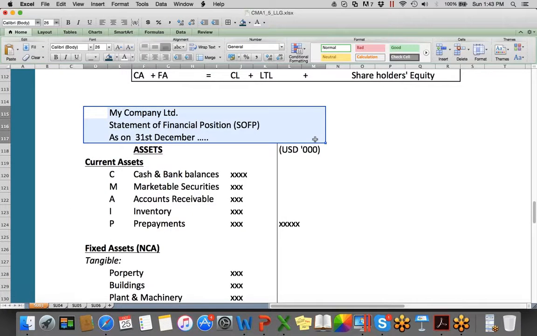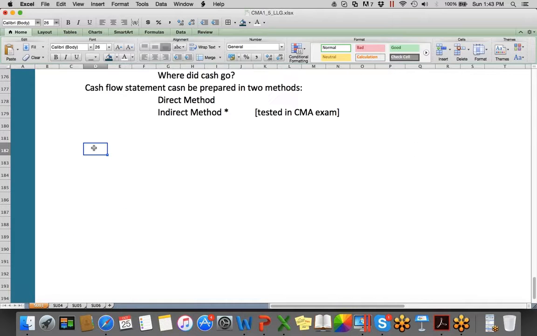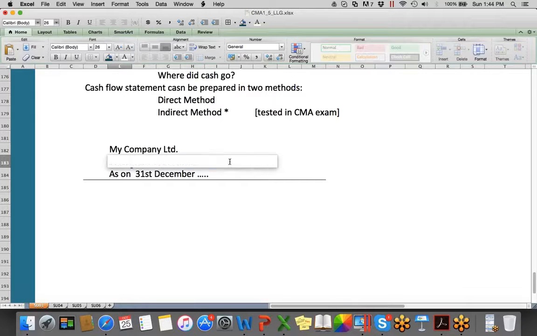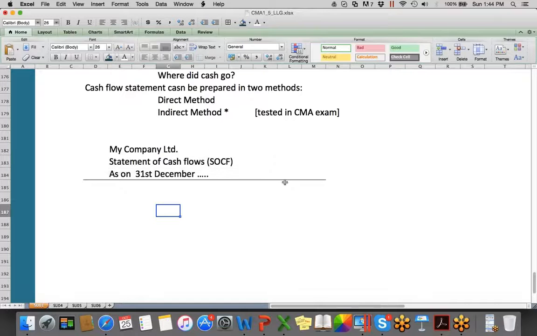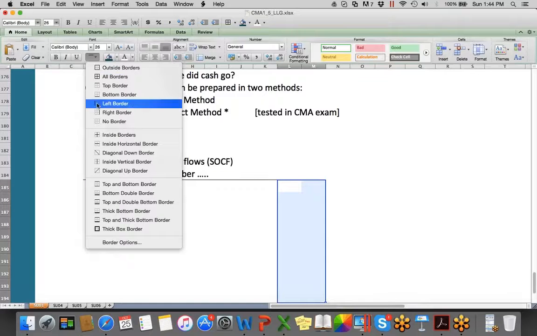When you prepare any statement, first of all, you need to give the details of your company, etc. Company, my company limited, statement of cash flows as on 31st December.